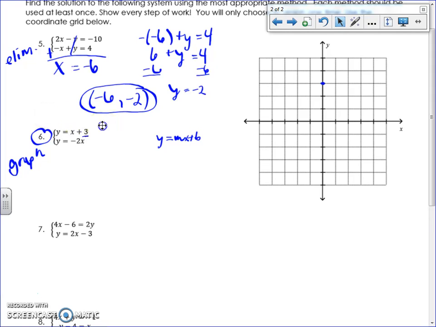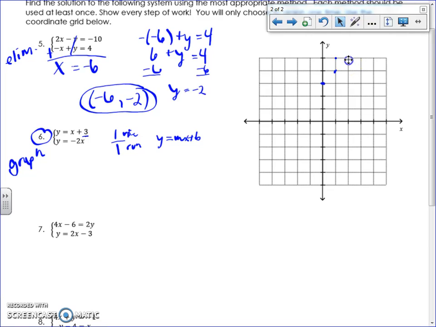So in this first equation, my slope is just 1. You could think of that as 1 over 1. And the numerator represents your rise, the denominator represents your run. So starting at my y-intercept of 3, I'm going to rise 1 and run 1. So now I'm at 1, 4.